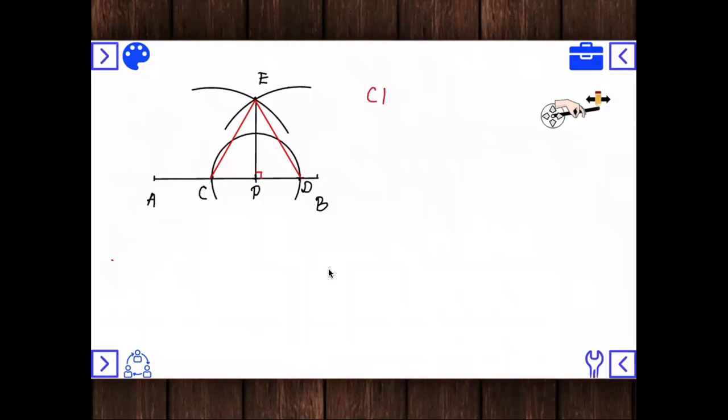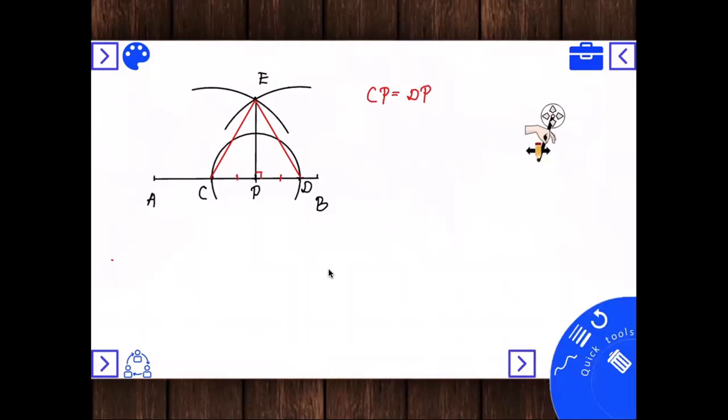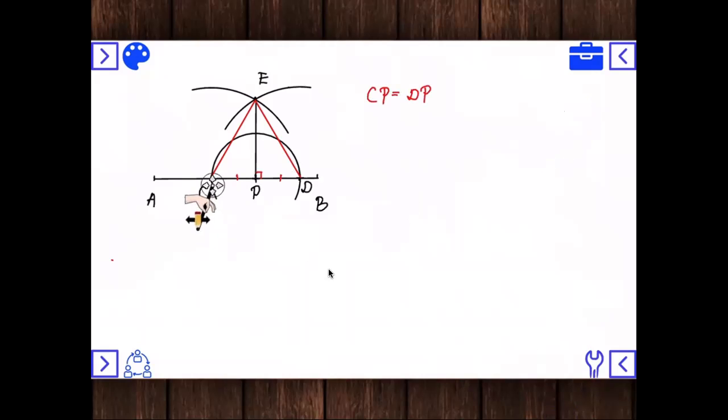So these 2 are equal, right? What's the second step? We put the compass on C and we chose this radius. We drew an arc like this, right? And we used the same radius and we drew an arc like this.